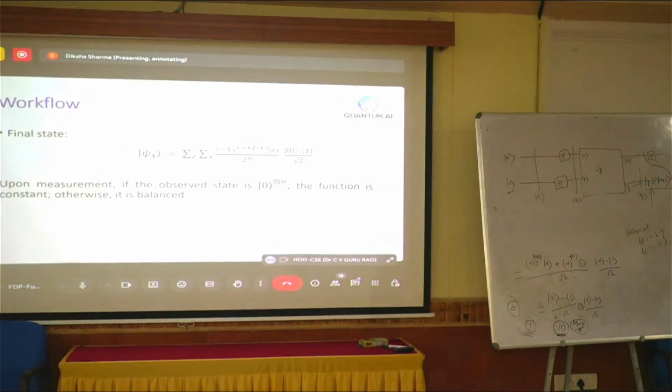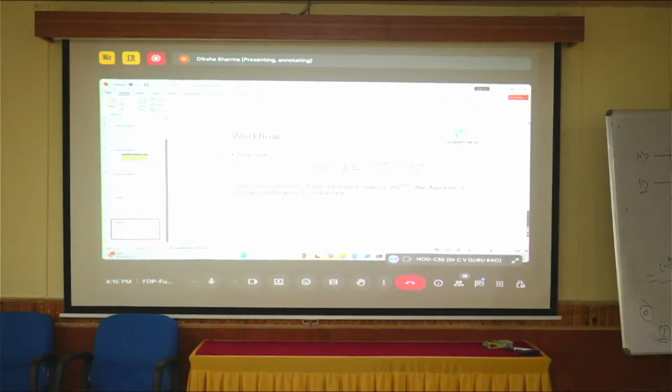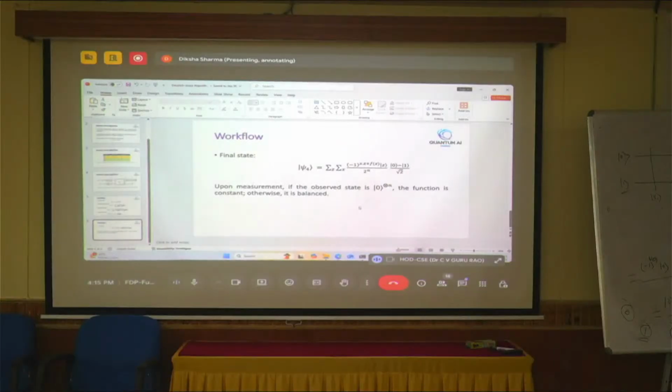So this was the Deutsch-Jozsa algorithm, a theoretical implementation. A theoretical Deutsch we will see on the same day, but right now we will see another day. So that's why I told you this Deutsch algorithm is a very simple algorithm. This is the very first algorithm which was given to understand how quantum computing is working.